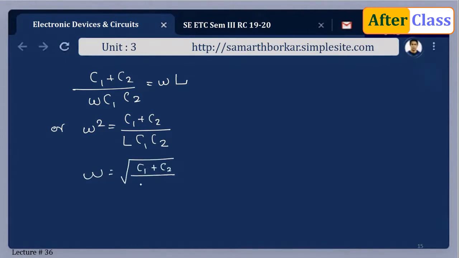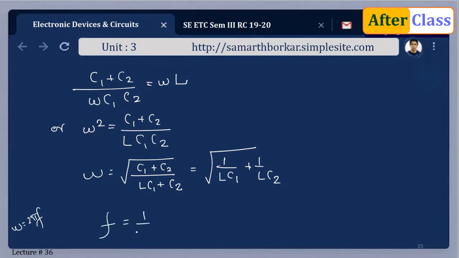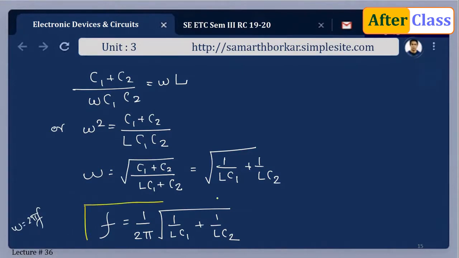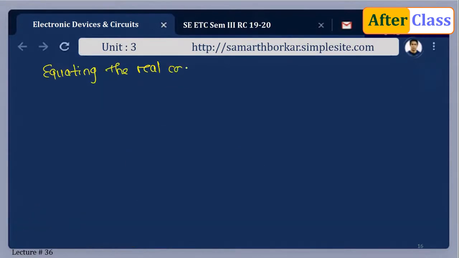Omega squared equals C1 plus C2 upon L C1 C2, which equals 1 upon LC1 plus 1 upon LC2, and we know omega is 2 pi f, and what we are interested in finding is frequency, which equals 1 upon 2 pi under root 1 upon LC1 plus 1 upon LC2. So this is the frequency of oscillations for Colpitts oscillator.